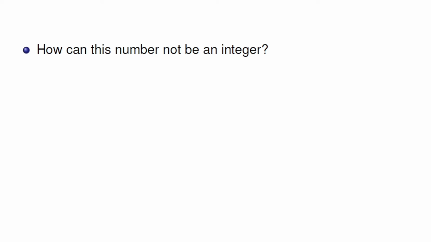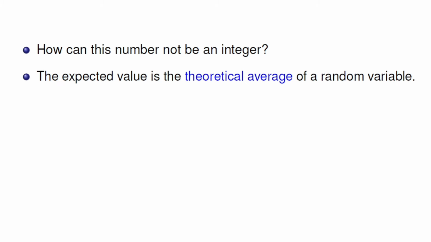Now, a question: how can this number, the expected value of X, not be an integer? Here X is the number of vehicles, but the expected number is not an integer. Why is that? Here is the answer.